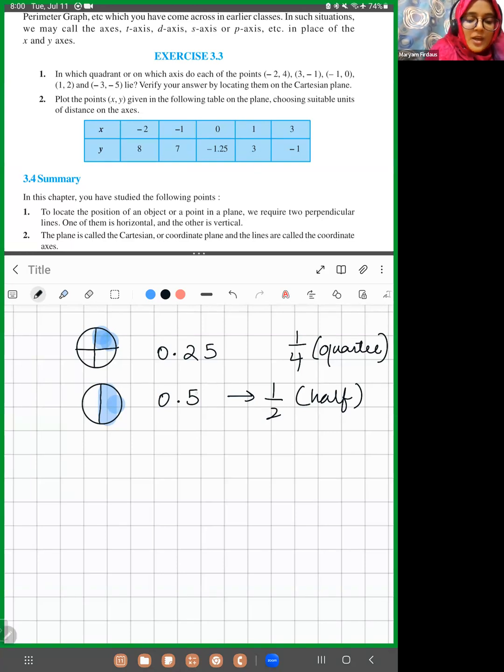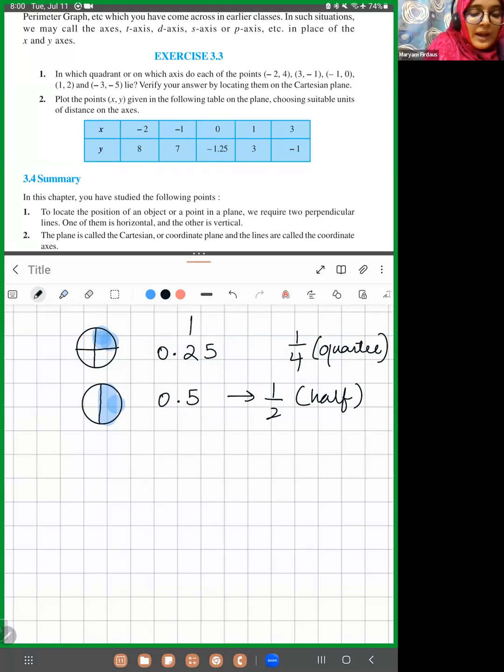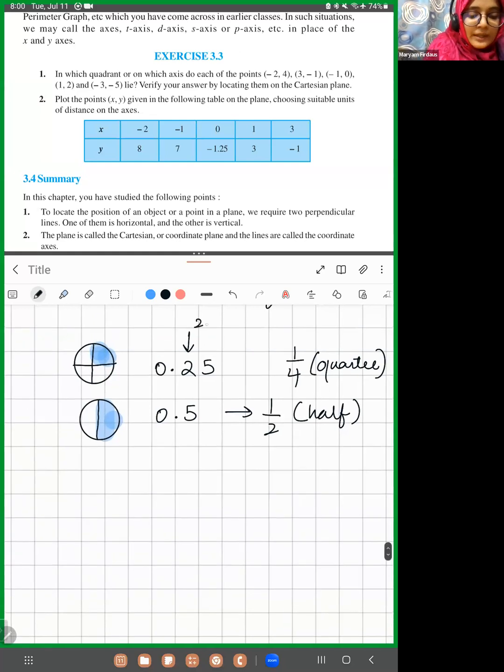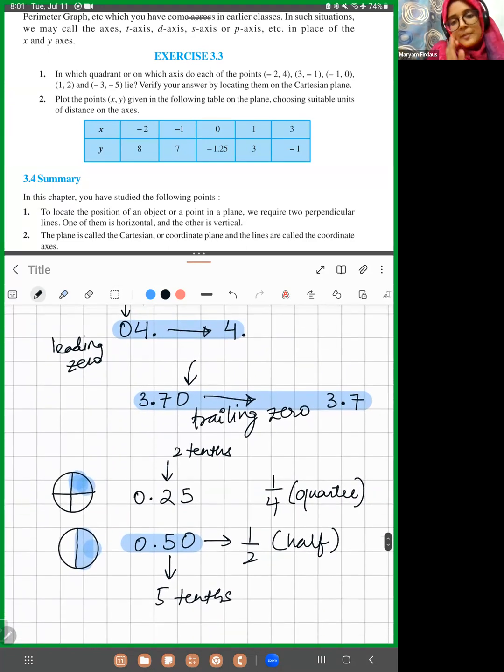Yeah, 0.5. So don't think of it as 25 and 5. If you're talking about 25 and 5, obviously 25 is bigger. But this isn't 25 and this isn't 5. Over here you have 2/10 and 5/10, or rather 25 and 50 hundredths. So this one is bigger. Is that clear? So 0.25 is basically a quarter and 0.5 is half.